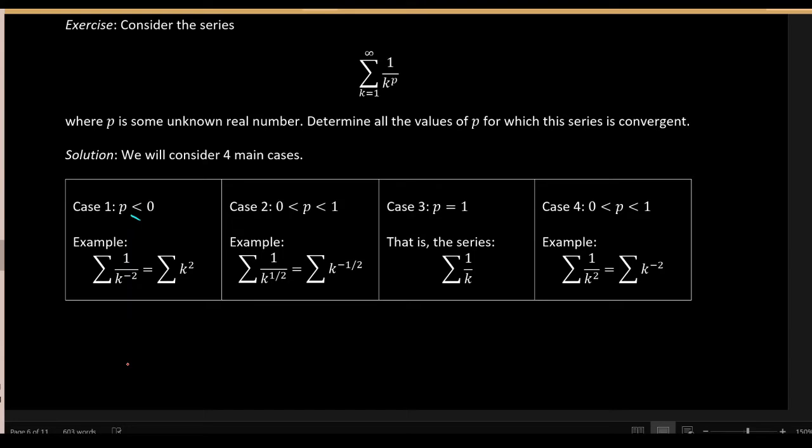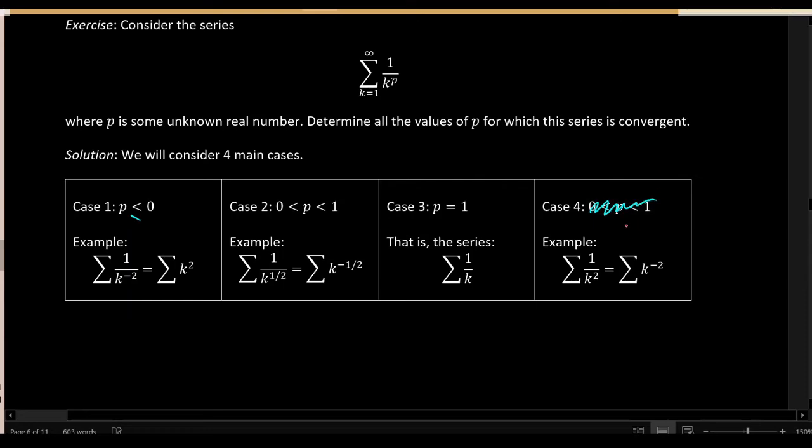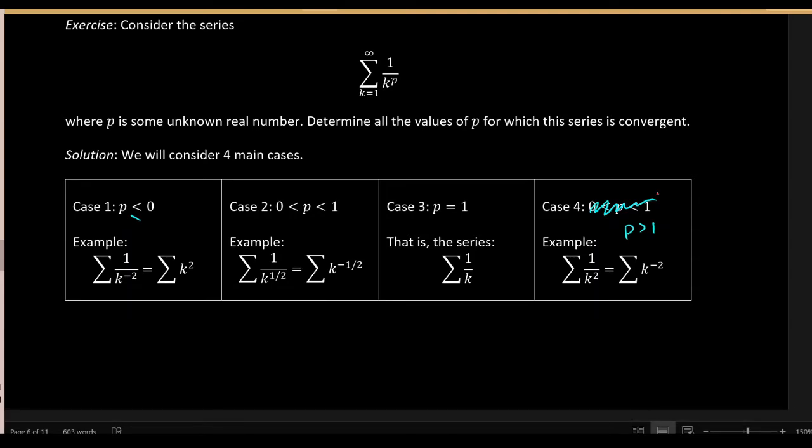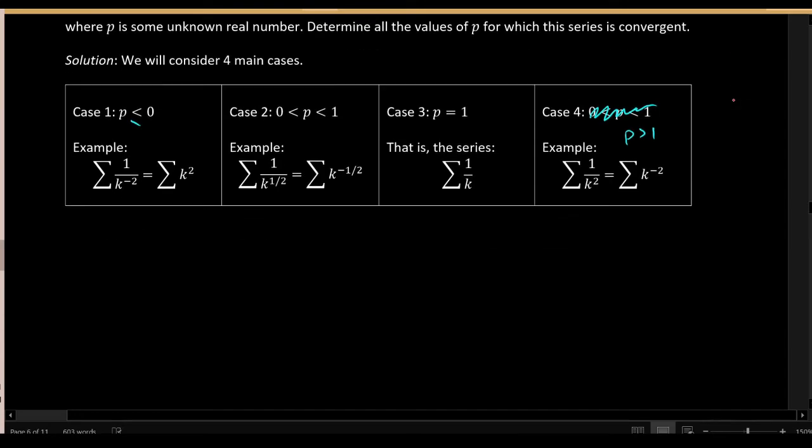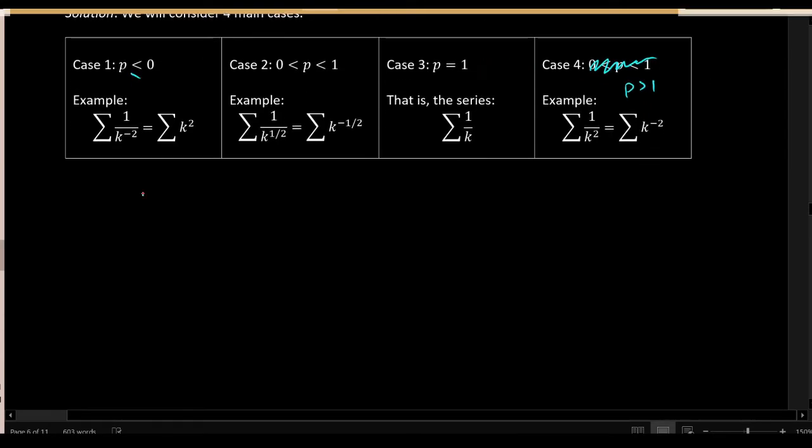I'm going to consider a special singular case where the power is 1 exactly, and I get the series 1 over k. And finally, I'm going to consider the case where the power is anything larger than 1. For example, the case where we have the sequence 1 over k squared for our series. Alright, so let's get started.